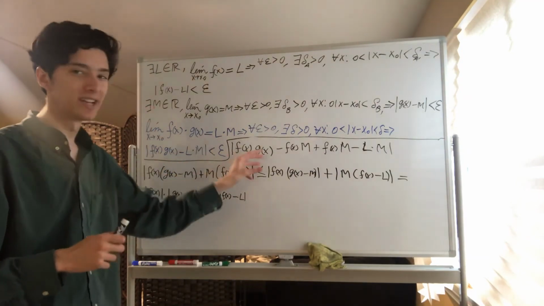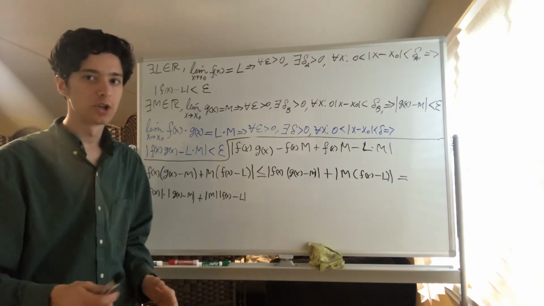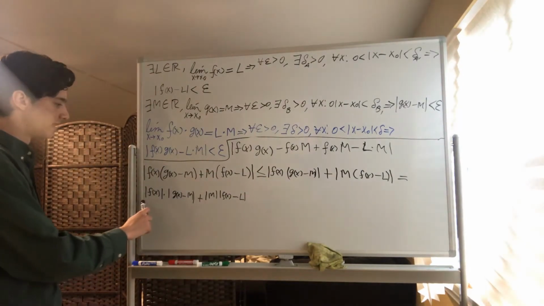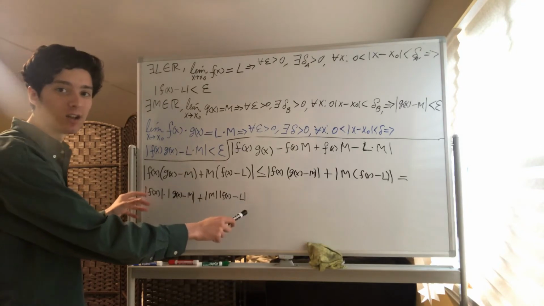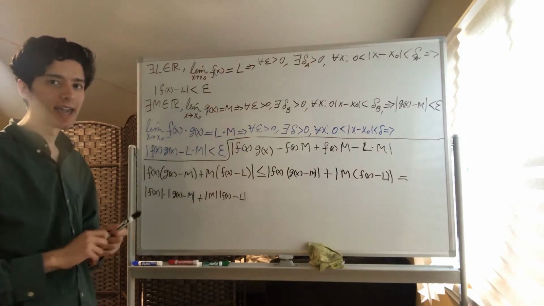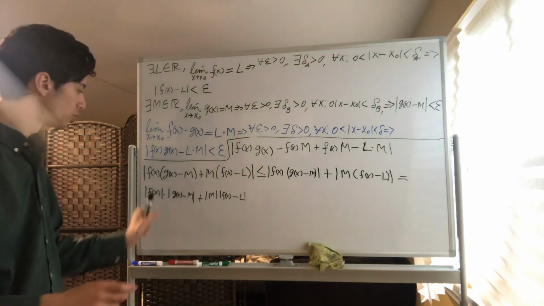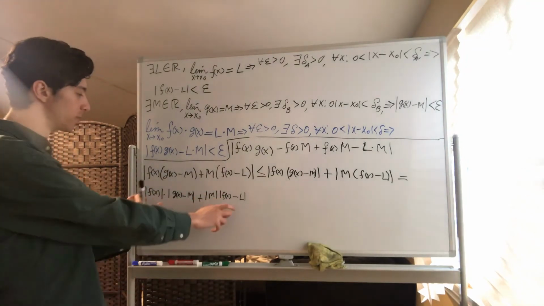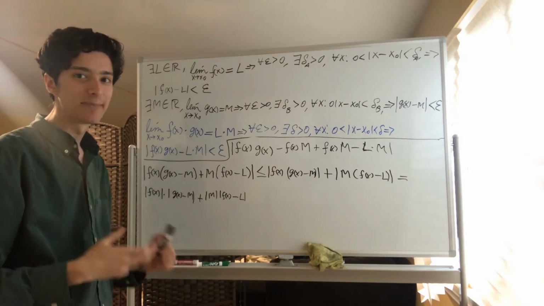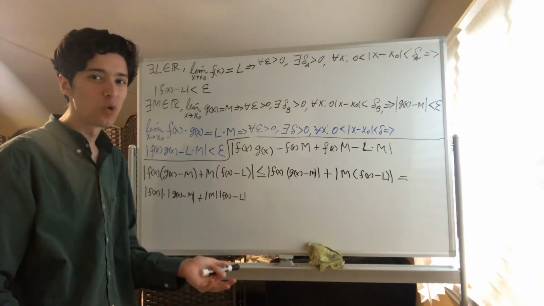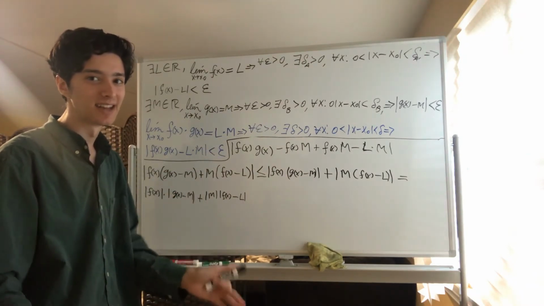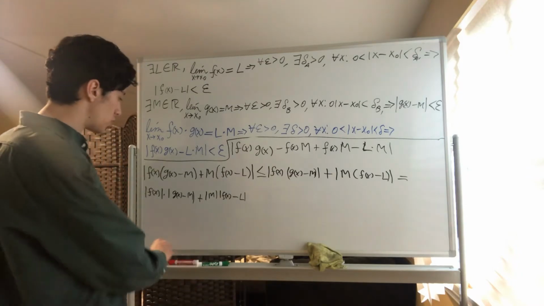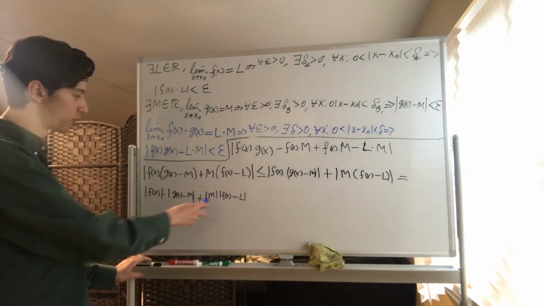Because of what we have written here, it is sufficient to show that this term that I've written here is less than epsilon. And because we are adding two different terms, perhaps we can show that each term individually is less than epsilon over 2. Then therefore, their sum would be less than epsilon. So let's look at this term on the right.